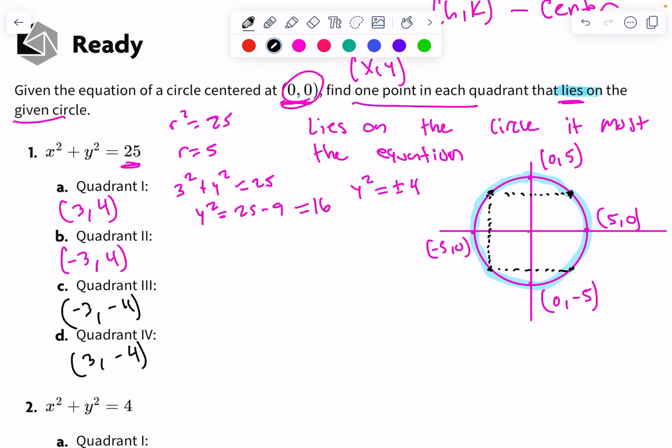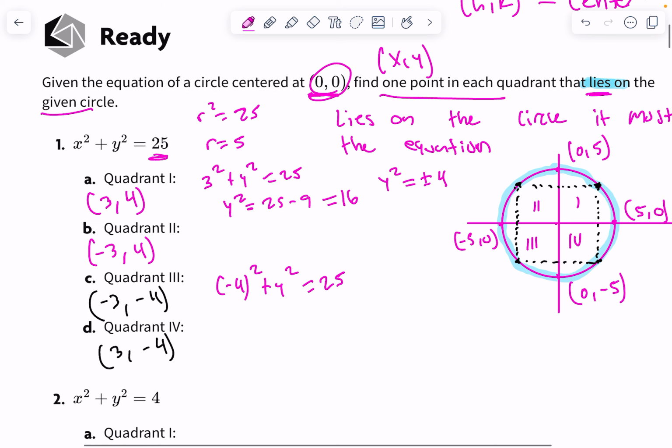Very, very important. Okay? I didn't have to do that. I could have chosen a completely different value. And for the fun of it, let's do it. So in quadrant 3, this is quadrant 1, quadrant 2, quadrant 3, quadrant 4. In quadrant 3, let's say my x value would have been, I don't know, let's say 4. So I would have gotten negative 4, right? So negative 4 squared plus y squared equals 25.